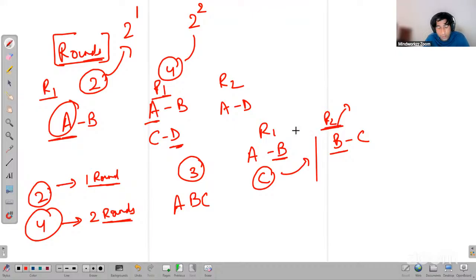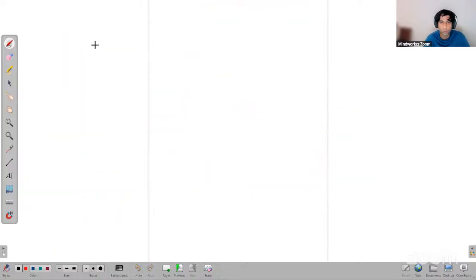So this tells us that if you have number of players, let's say number of players is P, greater than 2 but less than or equal to 4, so essentially if it is 3 or 4 players, you will always have the number of rounds as 2 rounds.